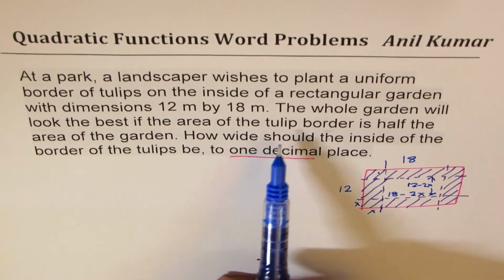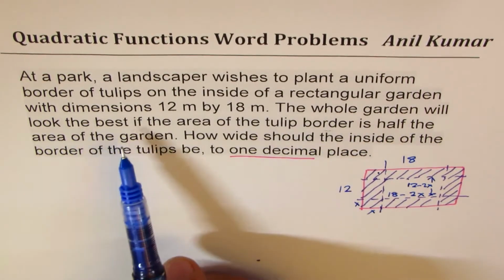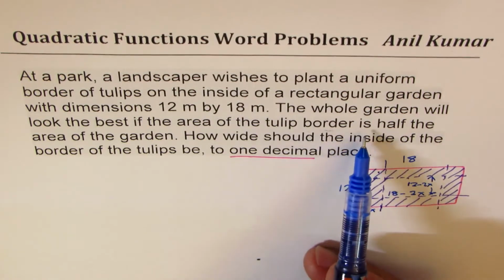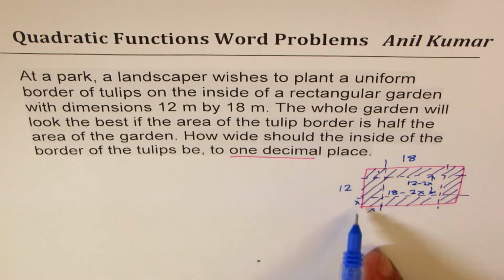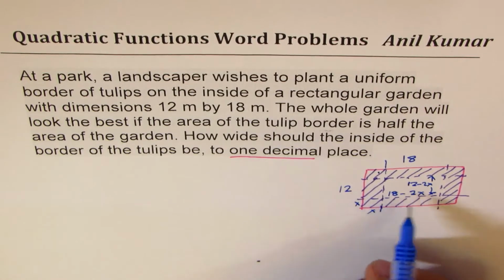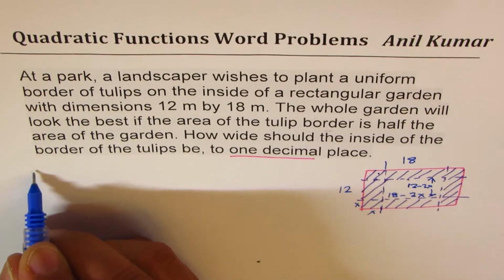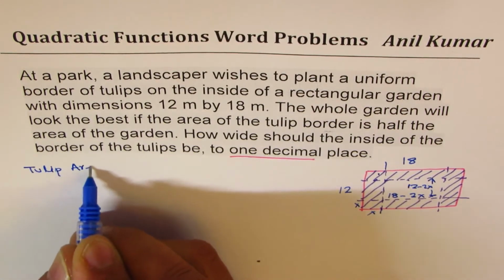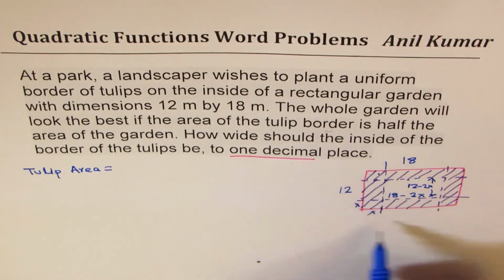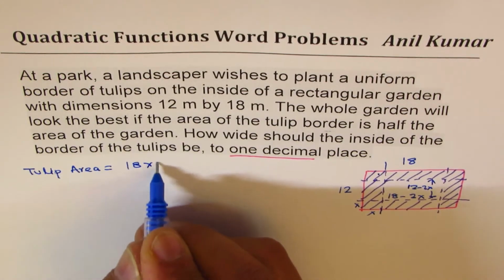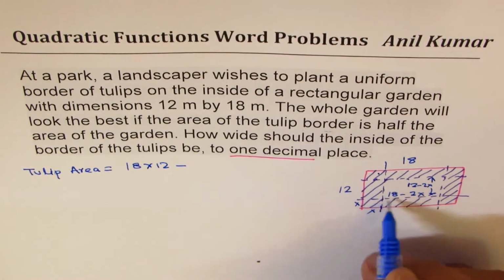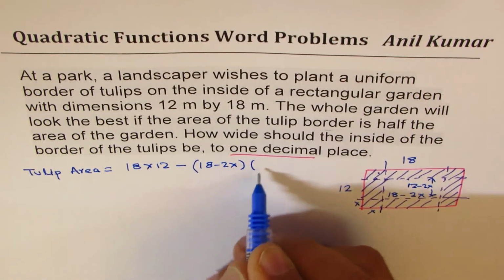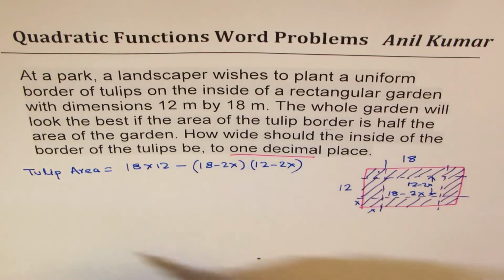The condition given to us is the whole garden will look the best if the area of the tulip border, this whole area, is half the area of the garden, total garden, right? So area of tulip area is how much? Tulip area is outside area, which is 18 times 12, take away inside area, which is 18 minus 2x times 12 minus 2x.